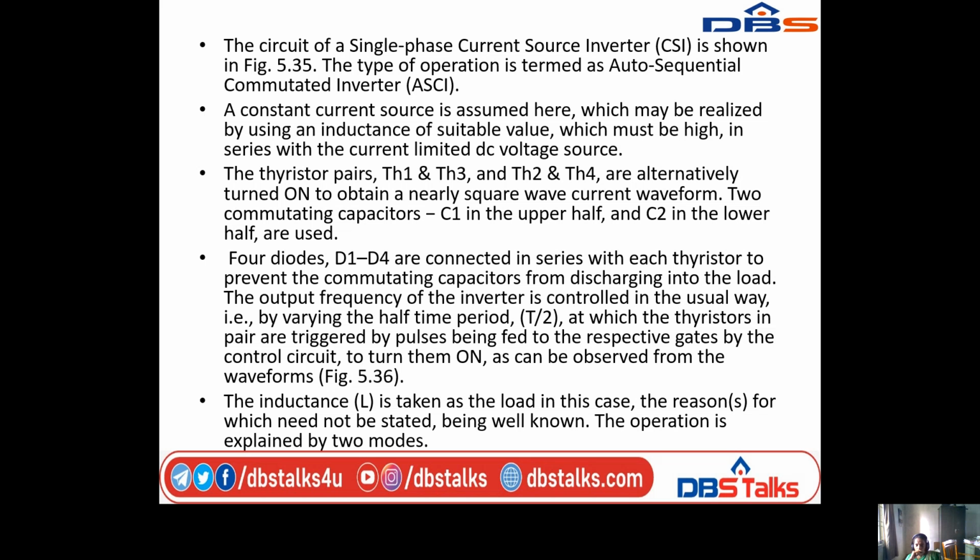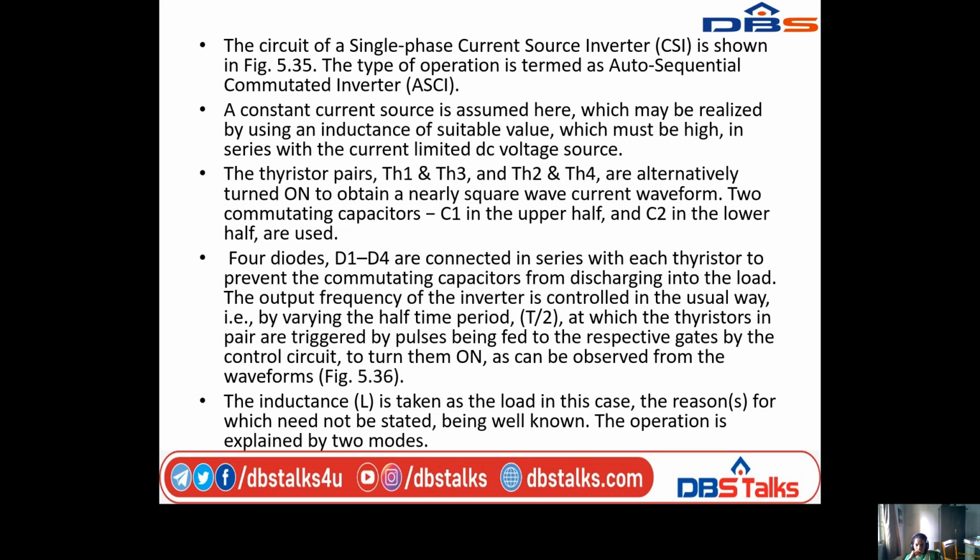A constant current source is assumed here, which may be realized by using an inductance of suitable value, which must be high, in series with a current limited DC voltage source.